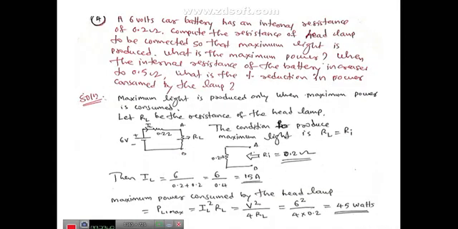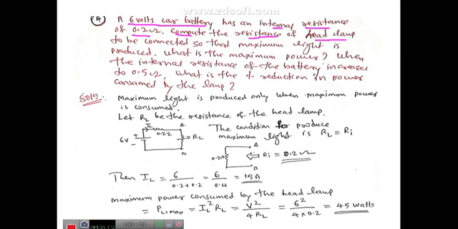Now consider another example. A 6 volt car battery has an internal resistance of 0.2 ohm. Compute the resistance of the headlamp.